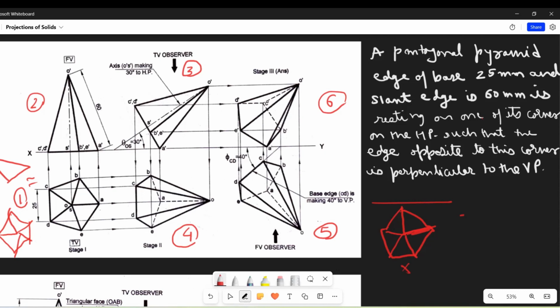Even if you draw it like this, it is not correct, because in this case also we are not getting the true length, as this line is not parallel to the XY line. So even if you don't write this part of the question, it is understood that the pentagon has to be drawn in this manner only, and no other way is possible.